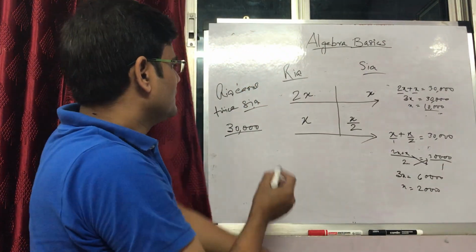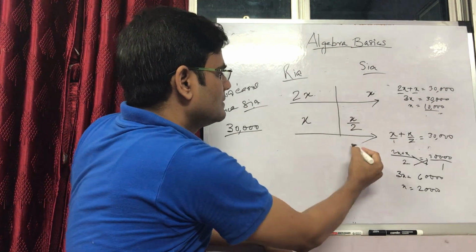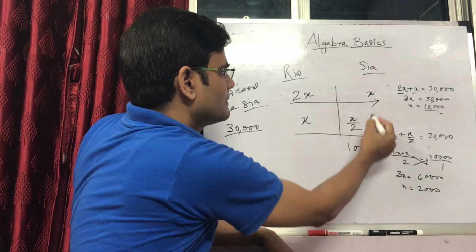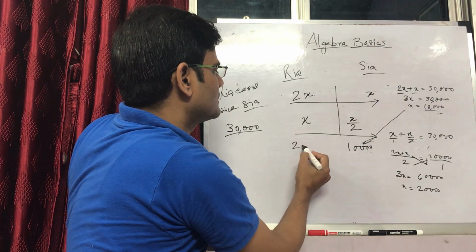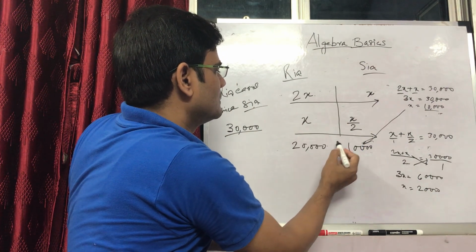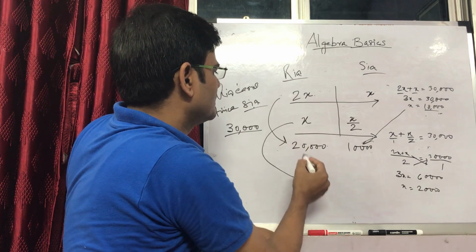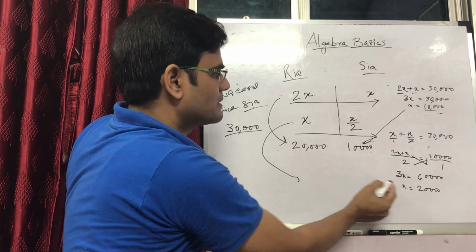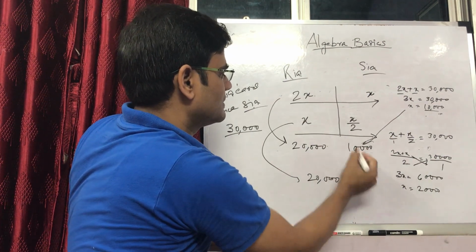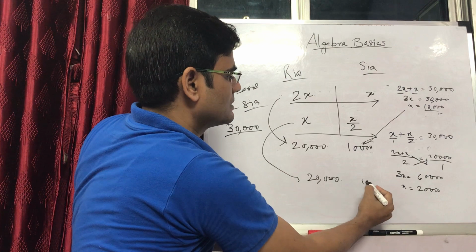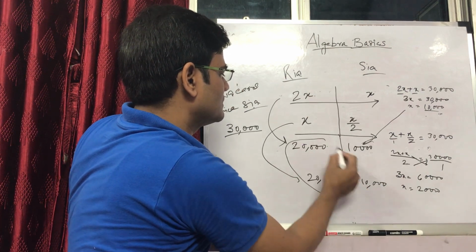So if you go by the first one, Sia has 10,000 and Ria has 2 times 10,000, 20,000. If you go by the second, Ria earns 20,000, you directly get it, and Sia is x by 2, that is 20,000 by 2, that is 10,000. The answer does not change by assumptions. 20,000, 10,000.